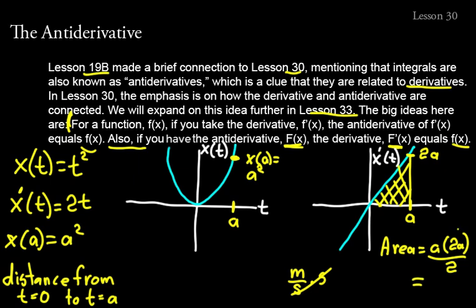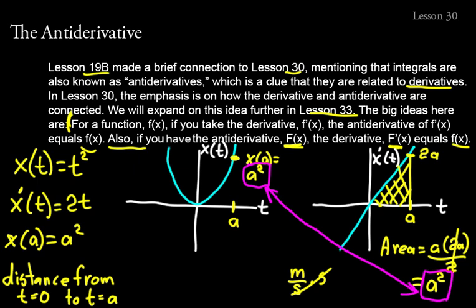So the 2's cancel. We're left with a squared. Same answer that we got over here with the position versus time. The area under the curve of rate versus time is the same as the position versus time result. That connection right there is very fascinating, whether you know it or not or believe it or not, that it works that way.